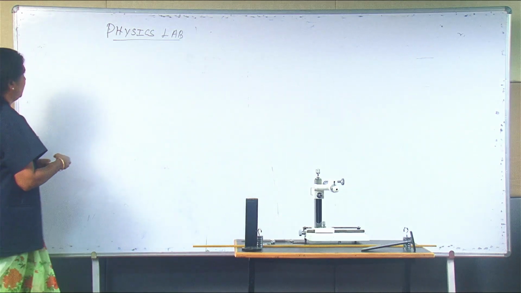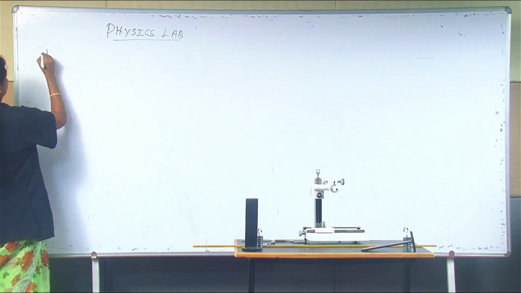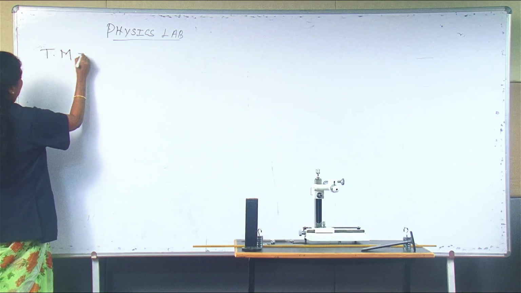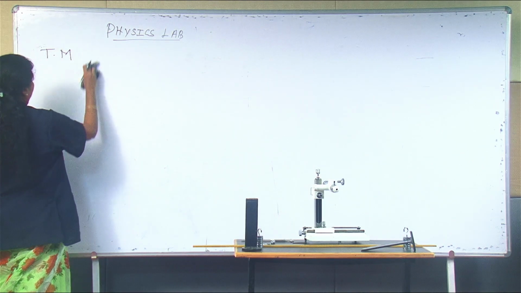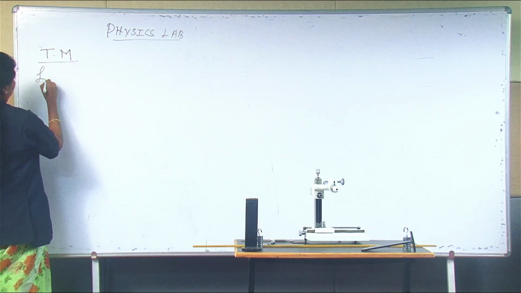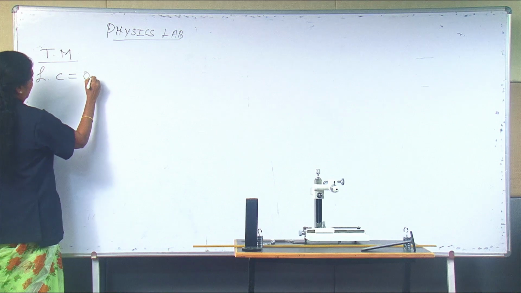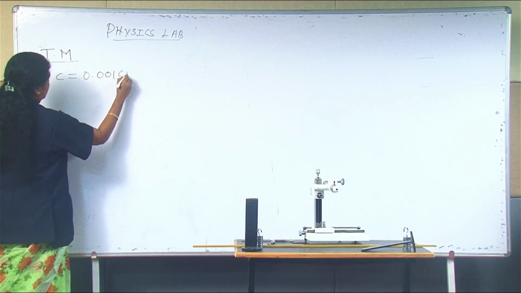So for the traveling microscope, the least count value is 0.001 centimeter.